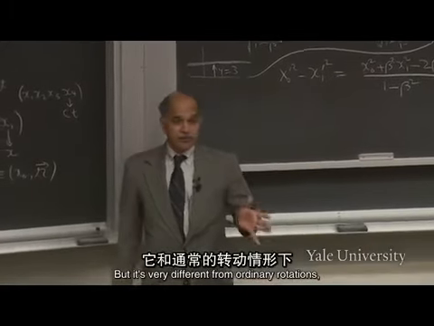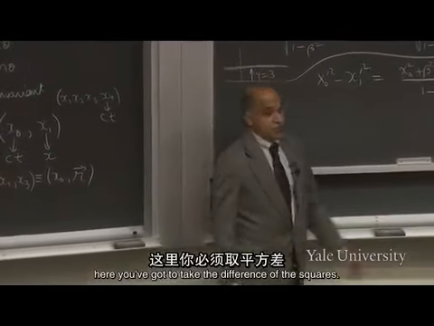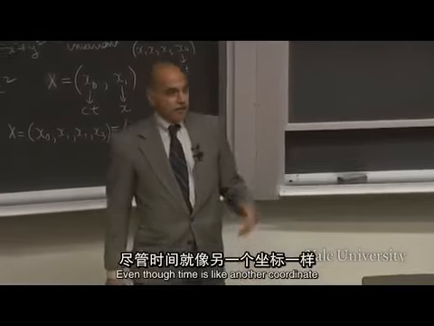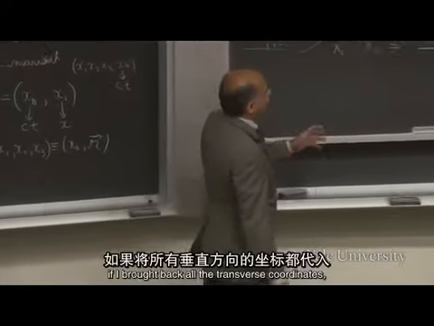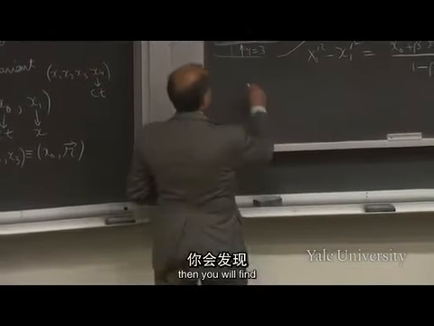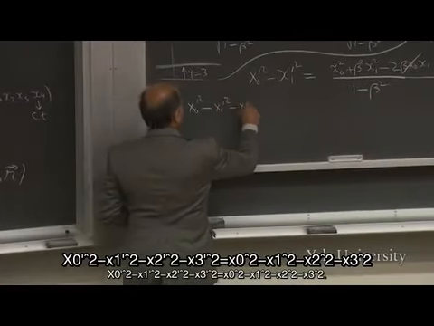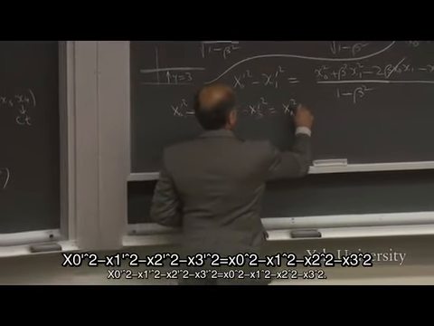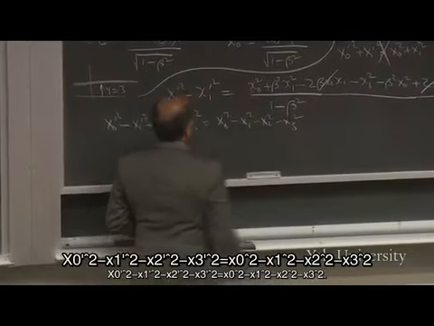But it's very different from ordinary rotations, where you take the sum of the squares. Here you got to take the difference of the squares, and that's just the way it is. So even though time is like another coordinate that mixes with space, it's not quite the same. In other words, if I brought back all the transverse coordinates, then you will find x0 prime square minus x1 prime square minus x2 prime square minus x3 prime square is x0 square minus x1 square minus x2 square minus x3 square.